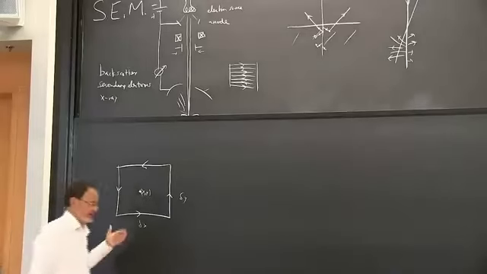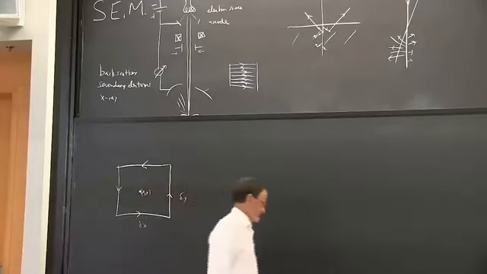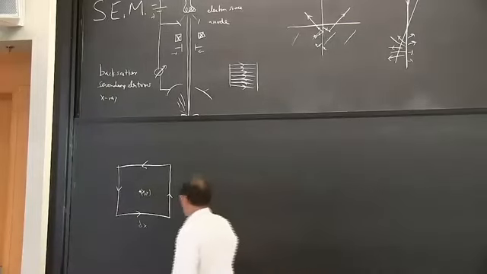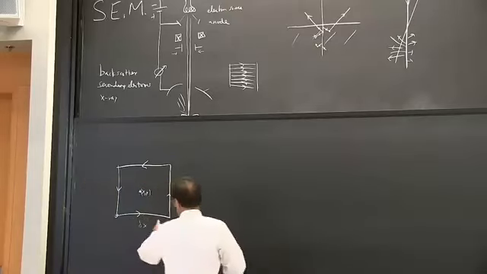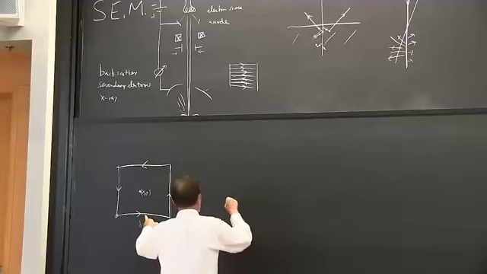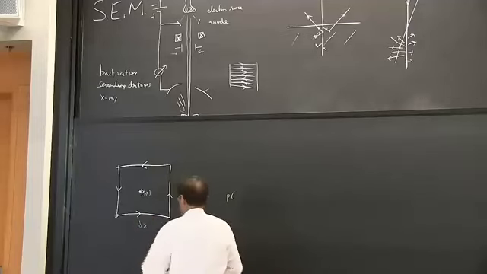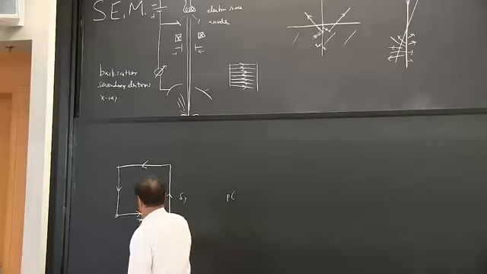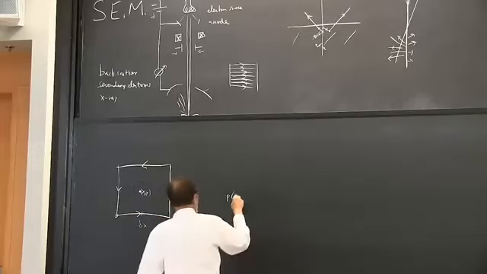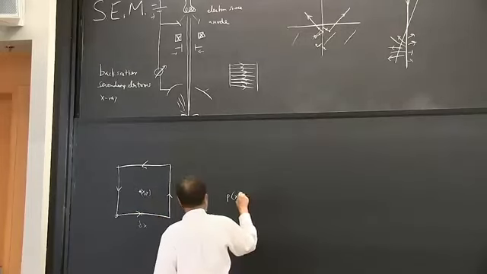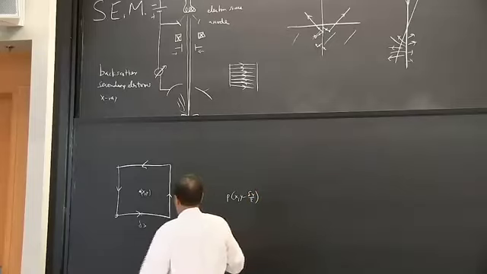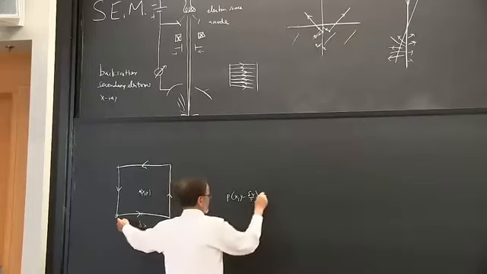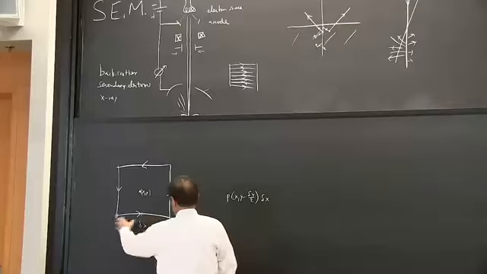And let's see how the height changes as we go around this loop. So start down here, say. Then we need to know what the slope is in the x direction. So that's p. And let's take the slope at the center of this stretch, which is going to be p of (x, y minus delta y over 2). And that's the slope, and we're going delta x with that slope.